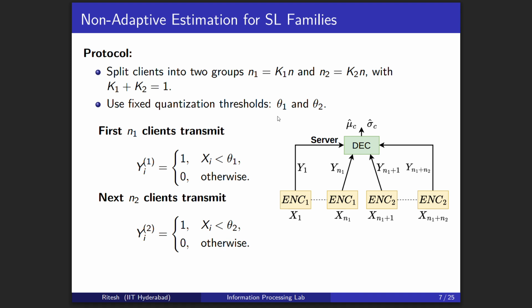We have optimized the selection of theta 1 and theta 2; one can see the paper for how we have chosen them. The first group of clients transmits 1 if the sample Xi is less than theta 1, so we are encoding using threshold theta 1. For the second group, we use theta 2 as the threshold. Then, using this information, we estimate mu and sigma.